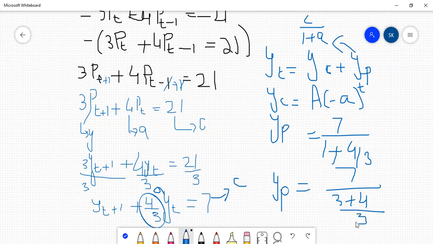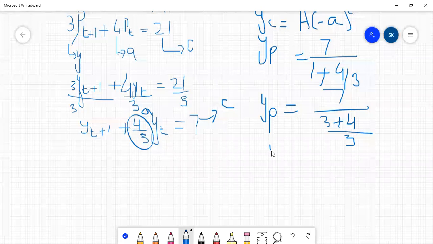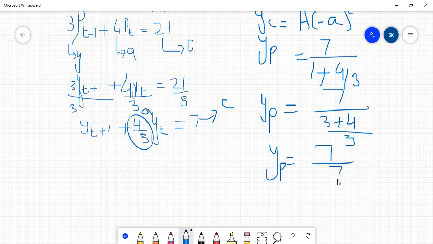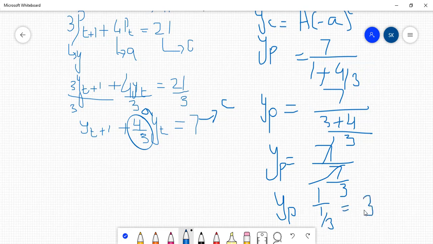So Yt is equal to 7 divided by 7 divided by 3. 7 and 7 will be cancelled with each other, and therefore what will be left is 1 divided by 1 by 3. The denominator in the denominator is always equal to the numerator. So therefore the value of Yt is equal to 3.